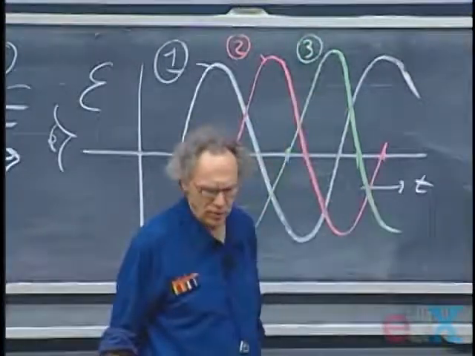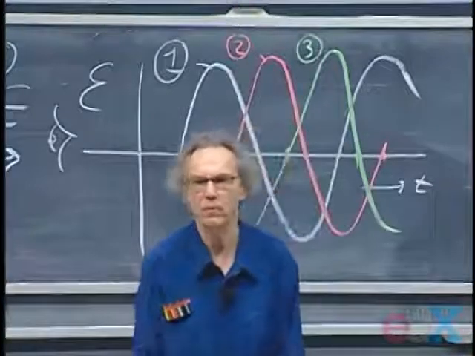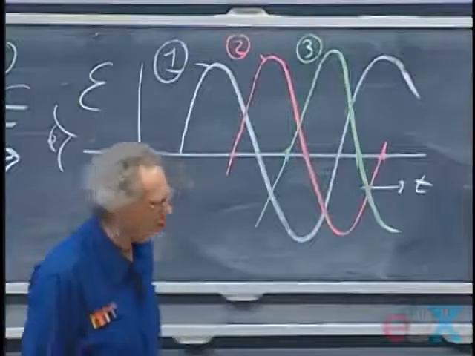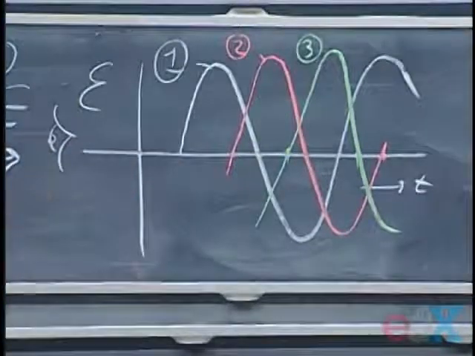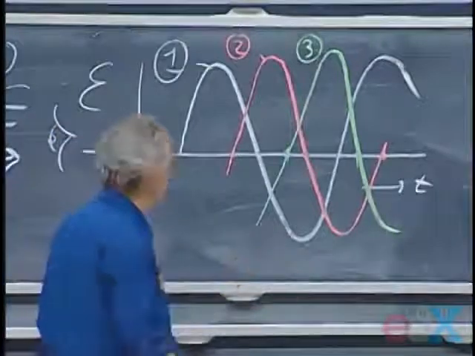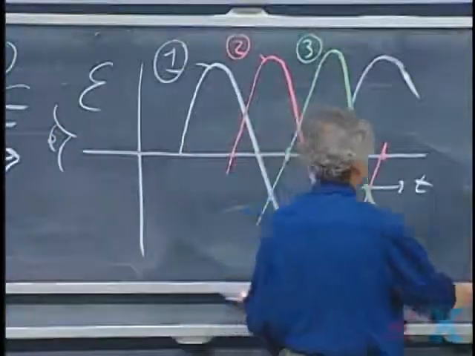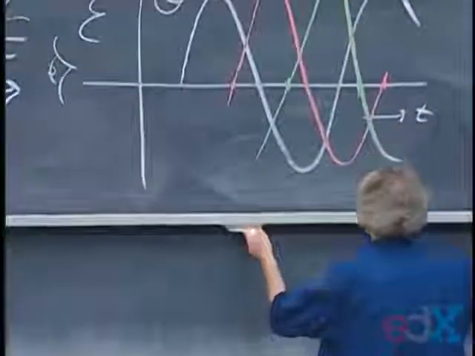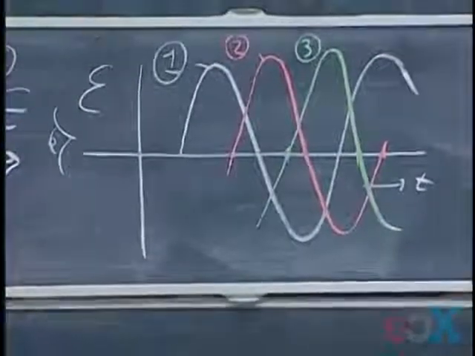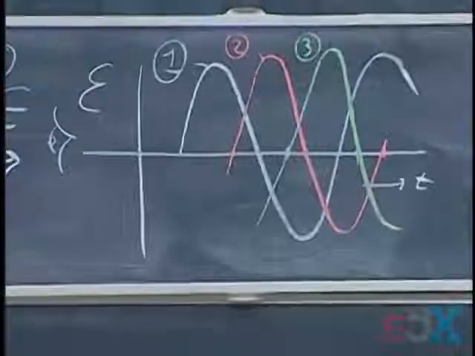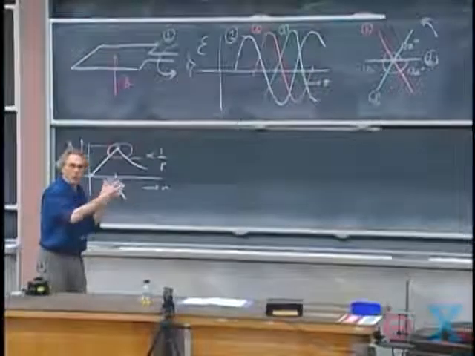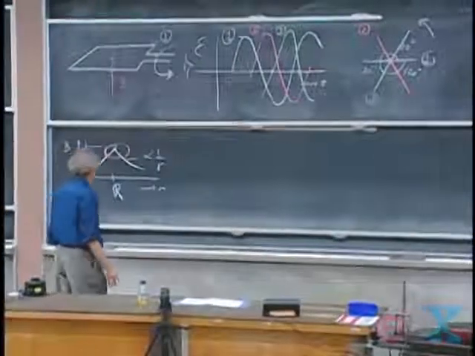And this we call a 3-phase current. And a 3-phase current can produce a rotating magnetic field. We will make one for you, but I'll first explain to you how that works. So if the frequency of number 1 is 60 hertz, then that of number 2 is also 60 hertz, and number 3 is also 60 hertz, but they're just offset in terms of the phase angle.